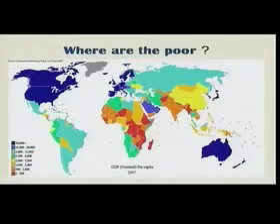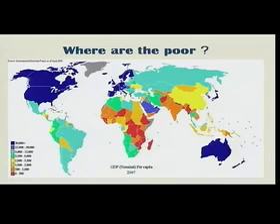And as a result, you will see most developed countries are located in the United States, that part of the world, the first world, and then also the EU countries. And to the east, you have Japan and South Korea. And also in the south, you have Australia and New Zealand. Those are the places where you have the rich people.